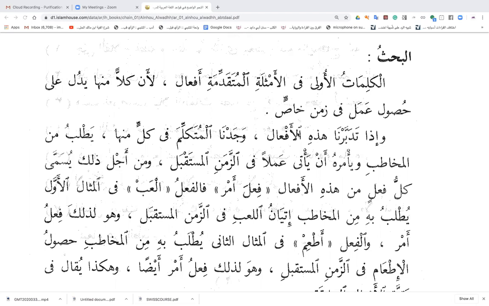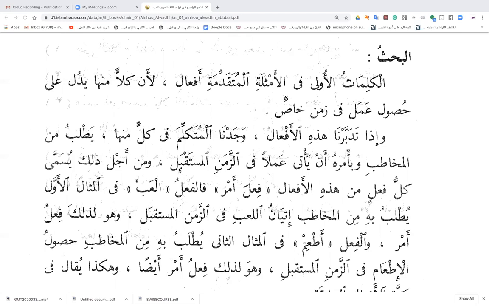If we took the time to think about these verbs, وجدنا, we would discover المتكلم في كل منها يطلب المخاطب ويأمره أن يأتي عملا في الزمن المستقبل.